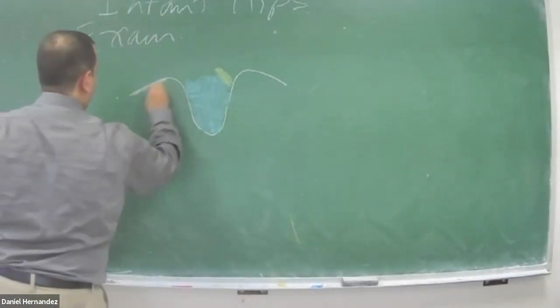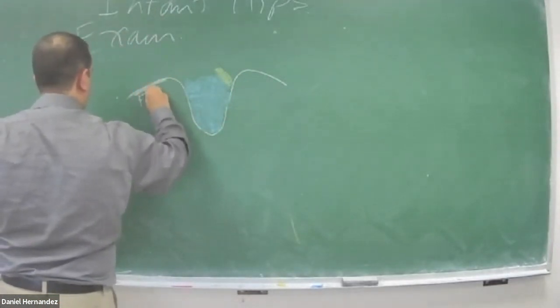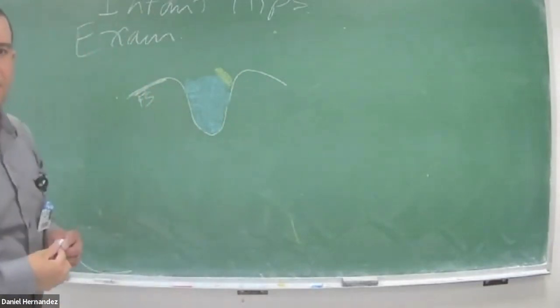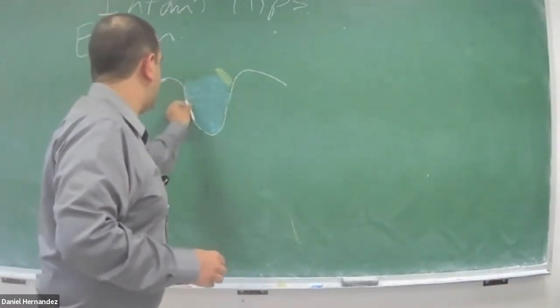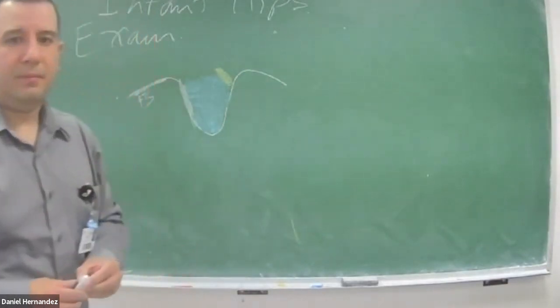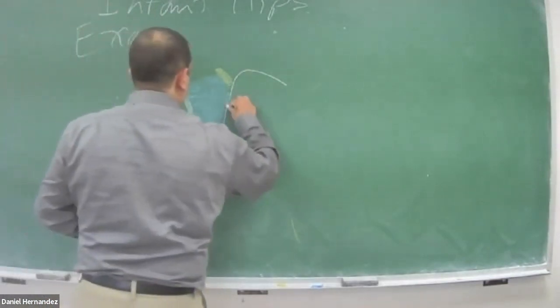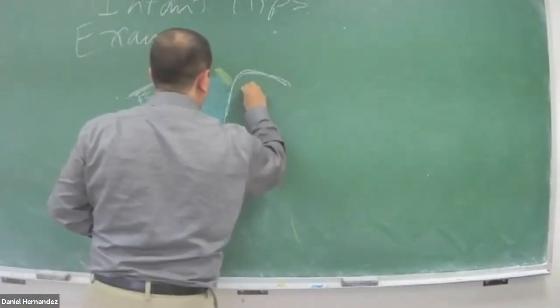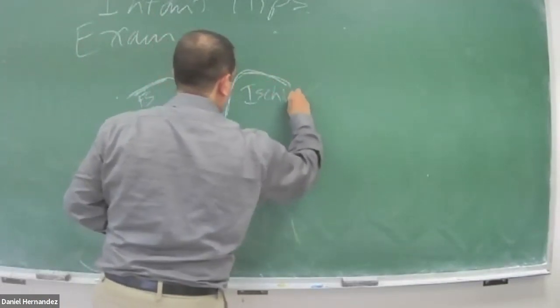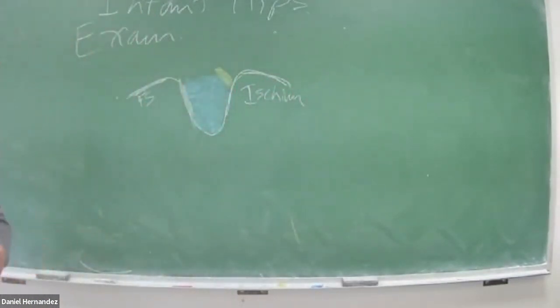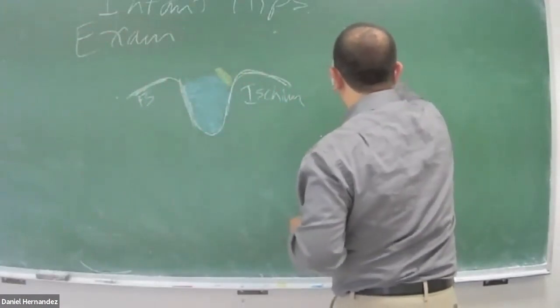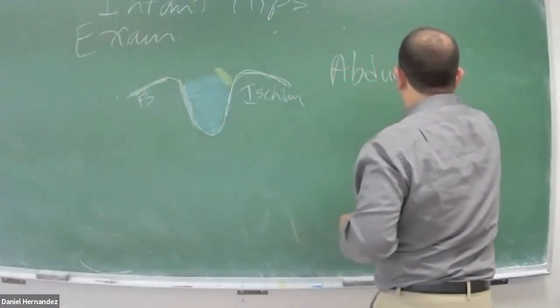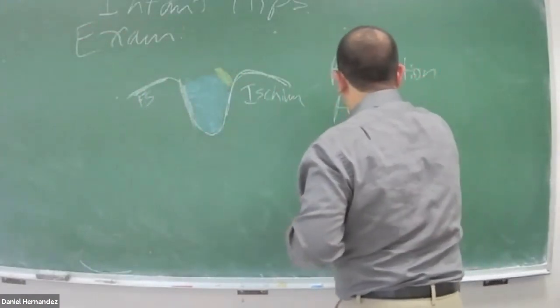This is our femoral shaft. That's femoral shaft. This is our femoral metaphysis. This would be our ischium over here. So with this view, we're doing our abduction. Abduction.